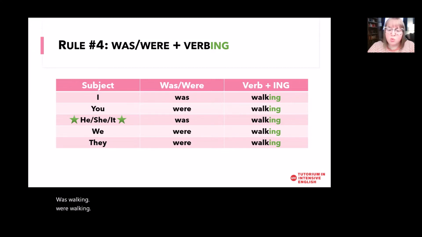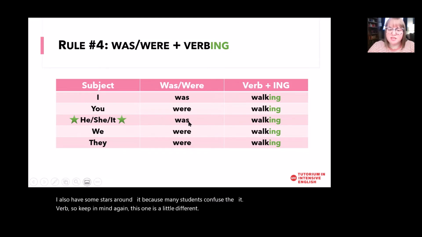They were walking. Now, I also have some stars around he, she, it because many students confuse the he, she, it verb. So keep in mind, again, this one is a little different. He was, she was, it was.